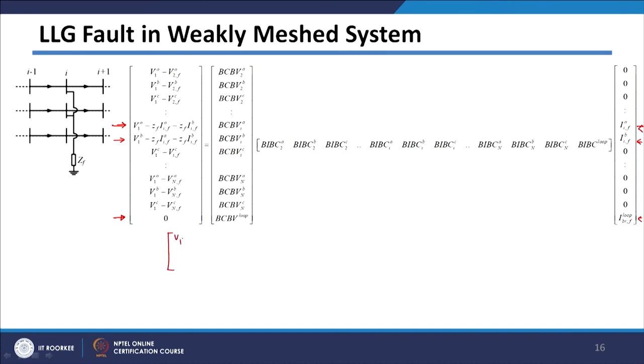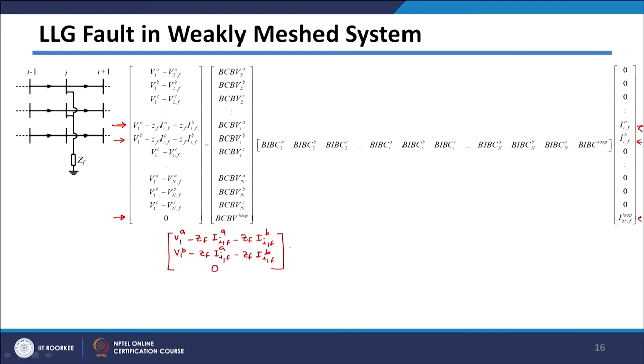So, V1A minus ZF into fault current in A phase minus ZF into fault current in B phase. Similarly, second row V1B minus ZF into fault current in A phase, ZF into fault current in B phase, and here it will be 0.